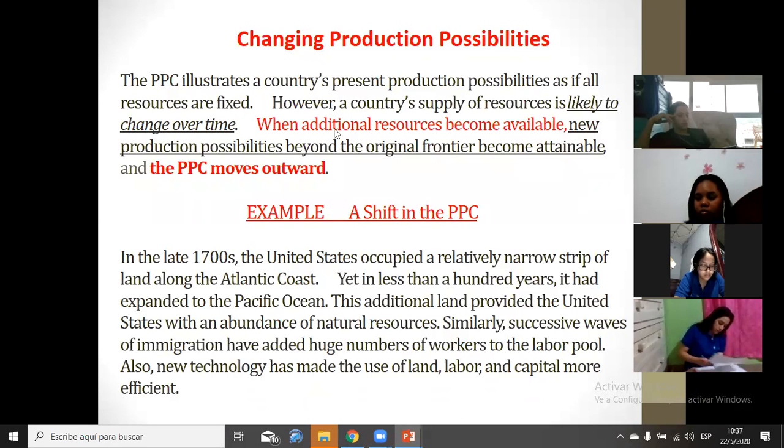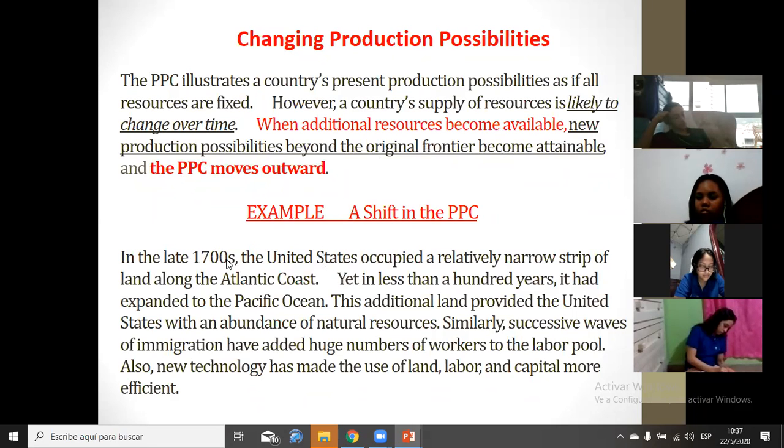It means that if you get new resources available, then you can move that production possibility frontier, and you're going to obtain another curve.